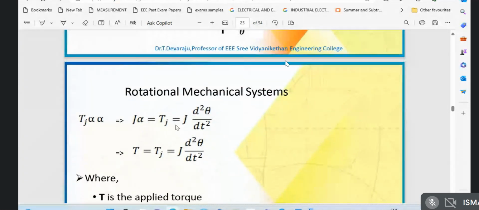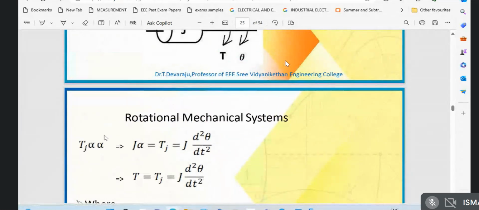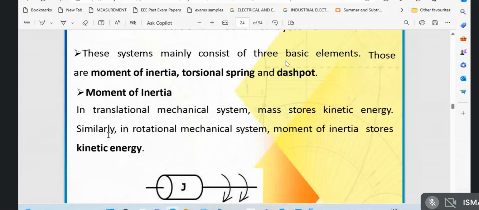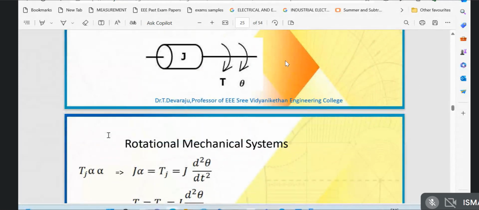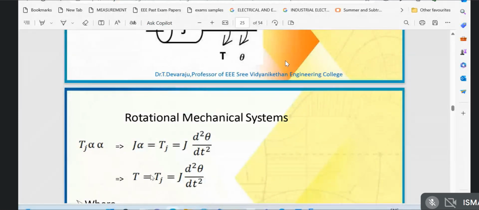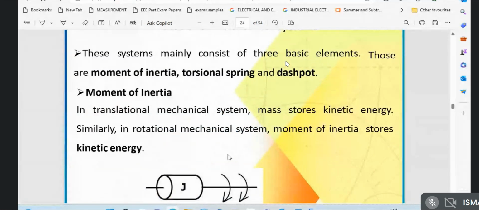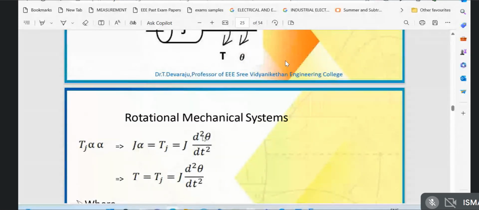So in the mechanical rotational system, the torque T_J is proportional to the second derivative of theta, where J is a constant, the torsional moment of inertia, with the acceleration.